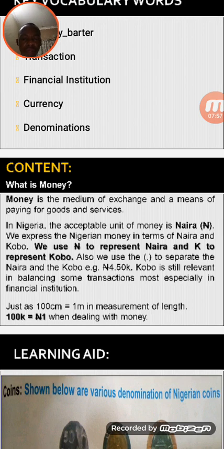Just as 100 centimeters equals 1 meter in measurement of length, 100 kobo equals 1 naira when dealing with money.